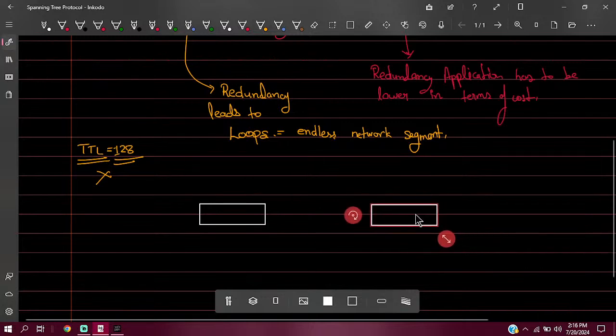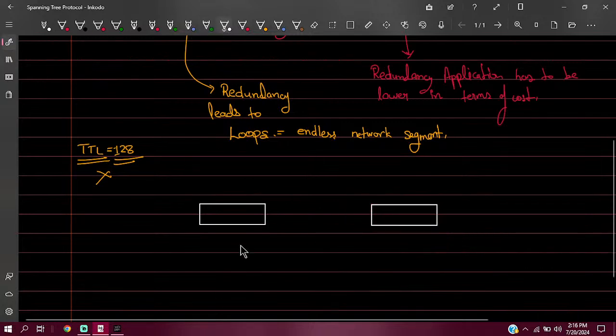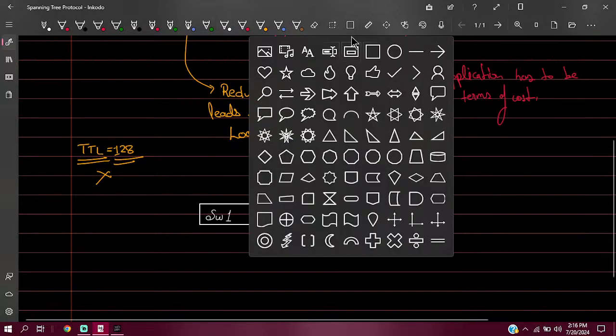I've taken two switches. Let's name both. This is my SW1 and this is my SW2. And let's give cable connectivity between them.